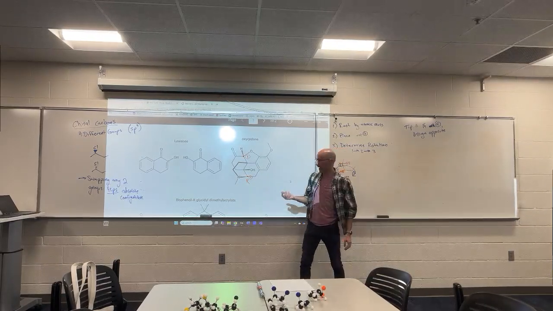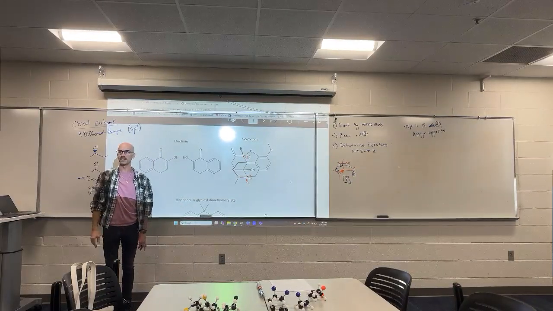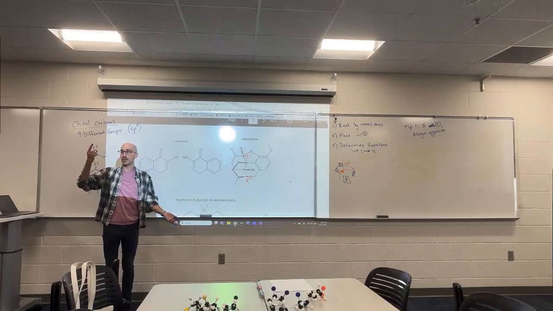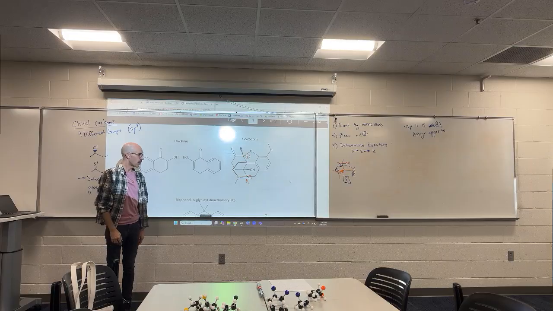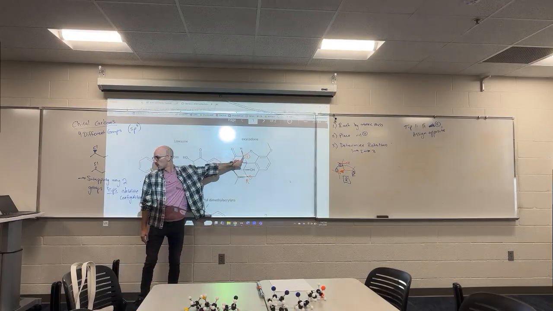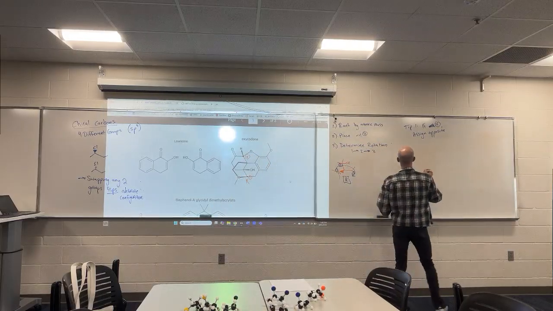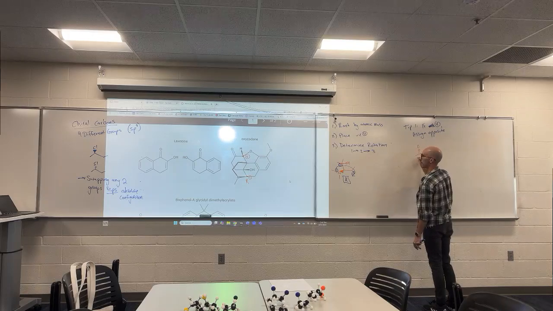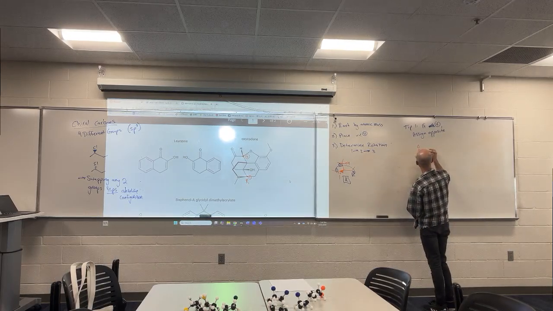So here's actually an advantage. If you know your lowest priority is coming towards you, it's just backwards. Assign 1 to 2 to 3 and assign it opposite. Yeah? So what's the highest priority for this chiral center 2? Anybody?